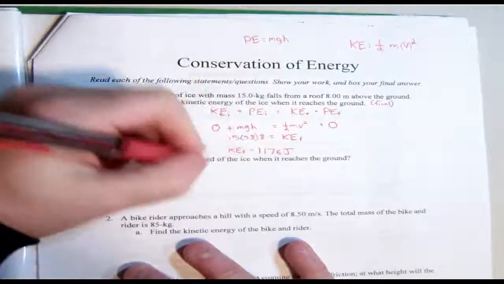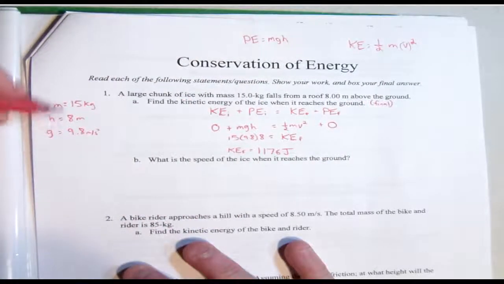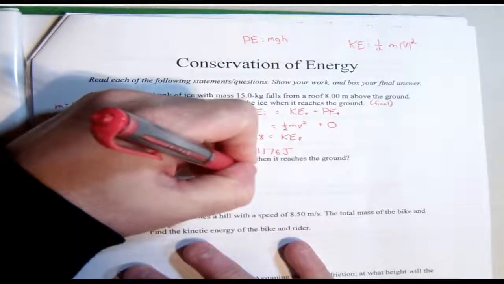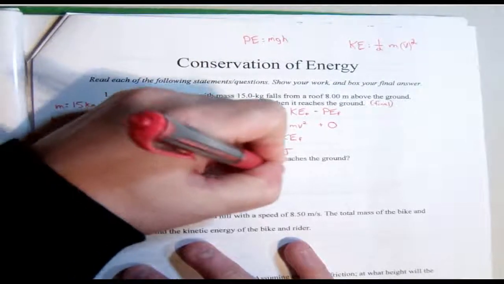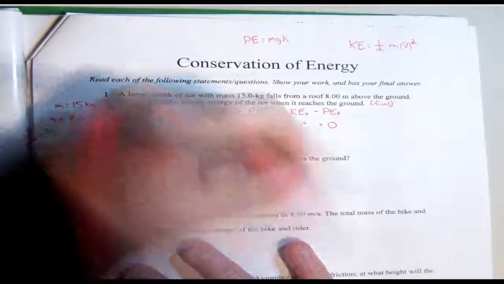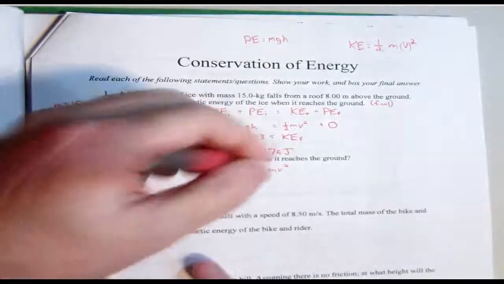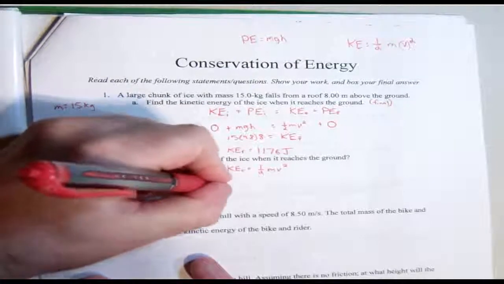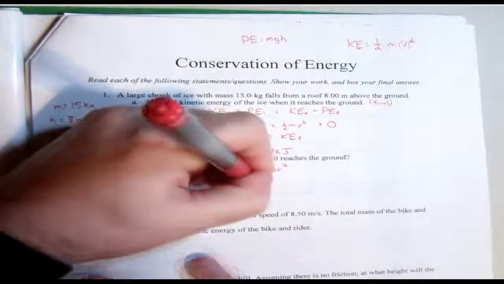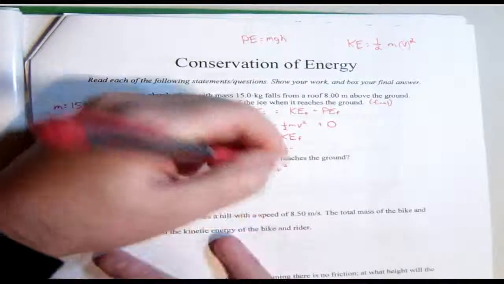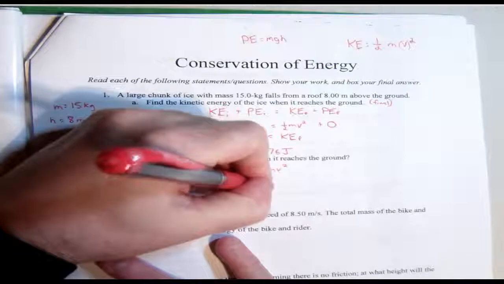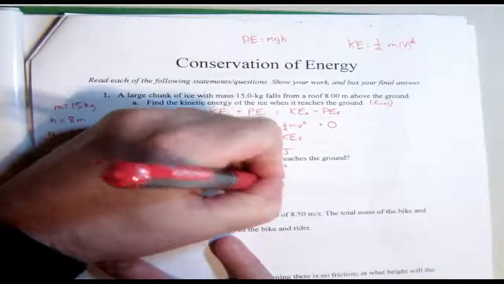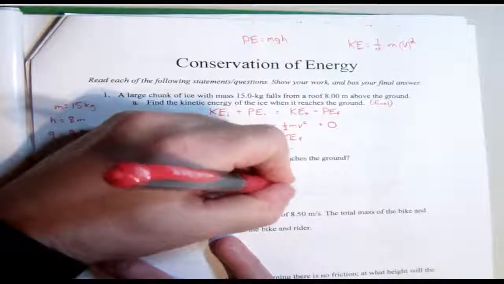So what we're going to do is first, we already have our data here. Let's write the formula. Kinetic energy final equals 1/2 times mass times velocity squared. Okay? So we know the kinetic energy, right? So we don't actually have to solve that. So we know 1176 equals 1/2. We know the mass. I'm going to put it in parentheses. Our mass is 15 times our velocity squared, right?